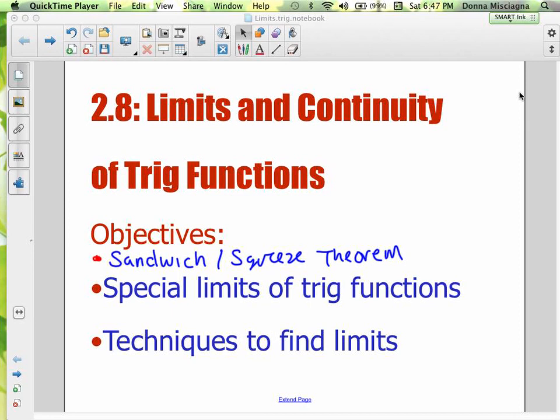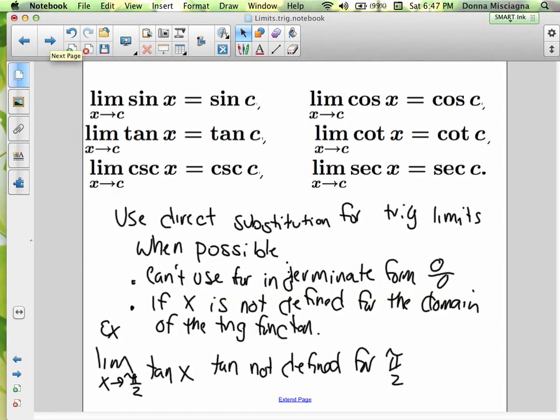Before we look at the sandwich or squeeze theorem, let's just review what we know so far about trig limits. All right, so we know that sometimes we can use direct substitution for trig limits. And when we do that, we just plug in whatever value x is approaching.